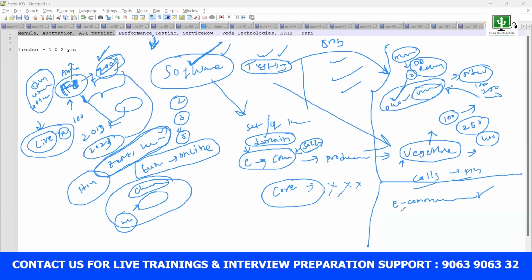If you work on a finance based application, you will say banking or finance based. But let's try to understand in general a basic application, e-commerce. How it will be developed, deployed, tested, and go to maintenance.